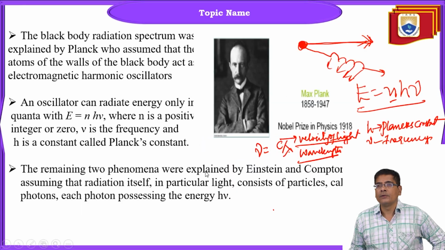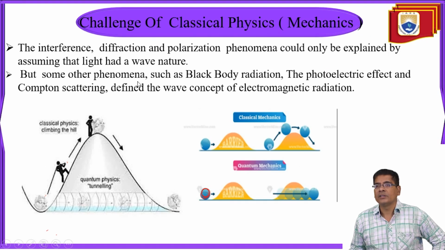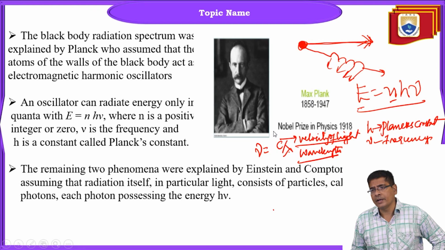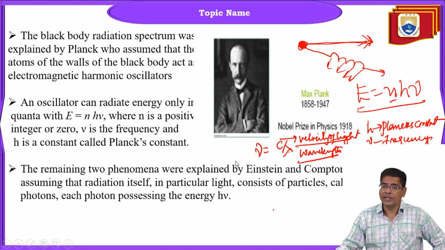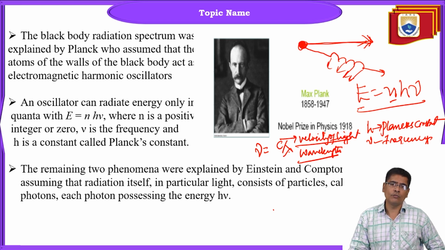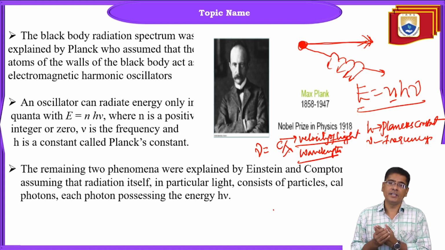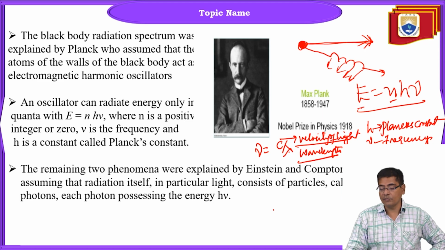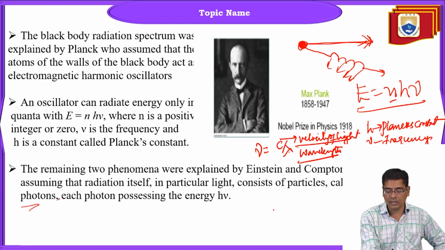So that's why we said some other phenomena such as black body radiation and the photoelectric effect. The remaining two phenomena were explained by Einstein and Compton by assuming that radiation itself, in particular light, consists of particles called photons.